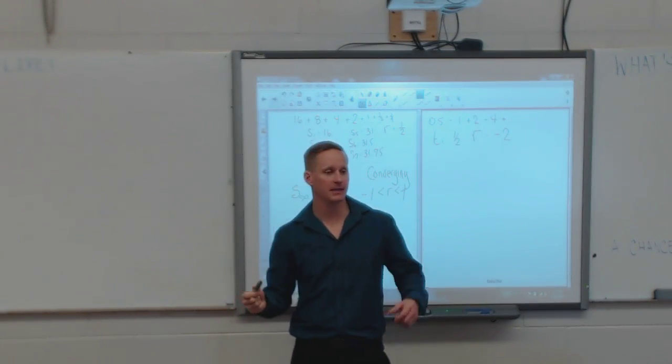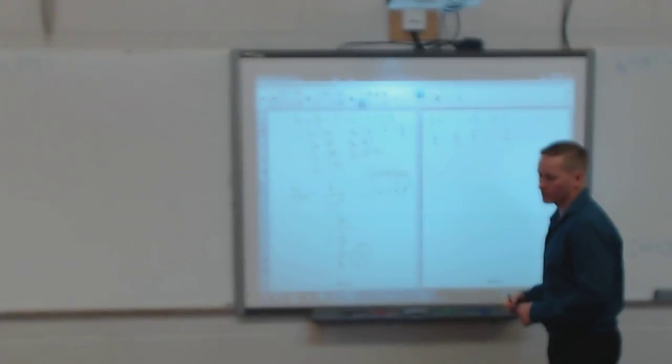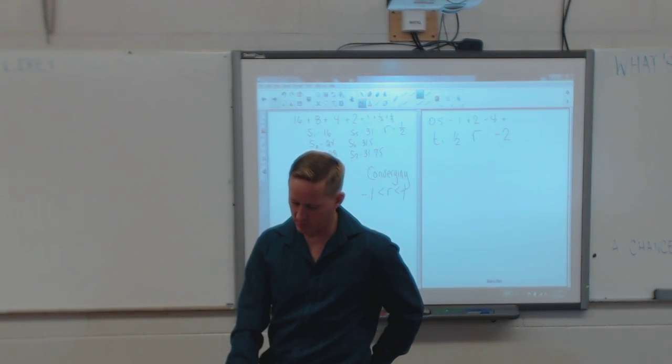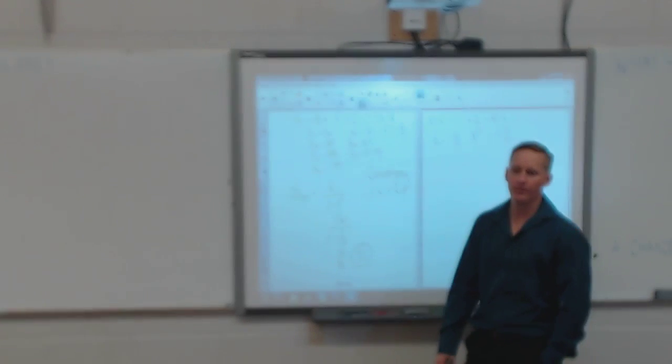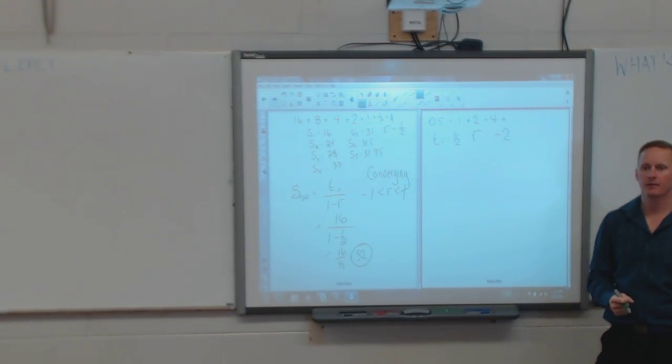Divergent, right? Because it doesn't fall between -1 and 1. The next part says, decide whether the infinite geometric series is convergent or divergent. State the sum of the series if it exists. So it's divergent. Is there going to be a sum for this series? No. Can't get a sum for it because it continues to get larger and larger and there's no actual sum.